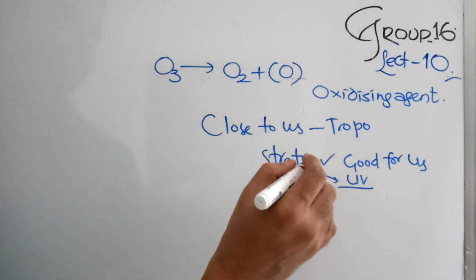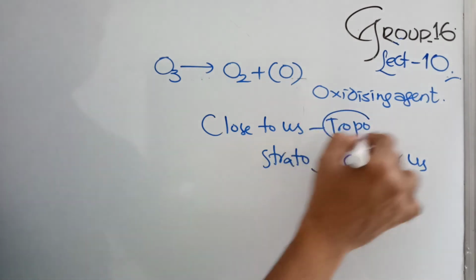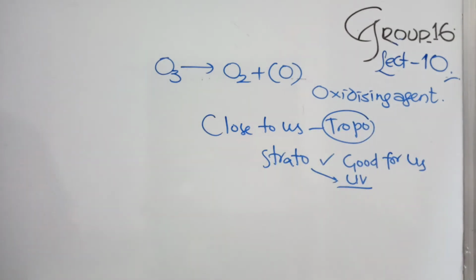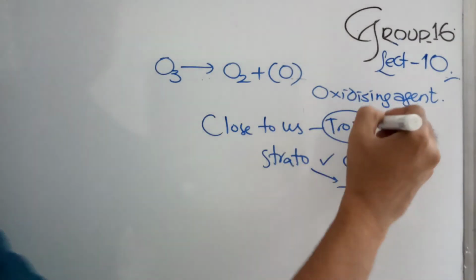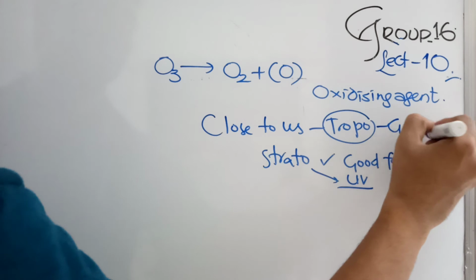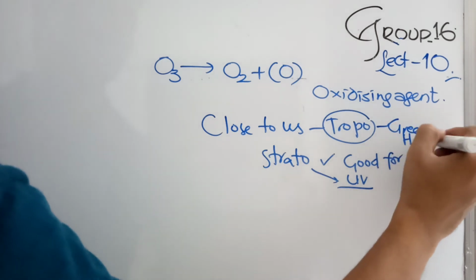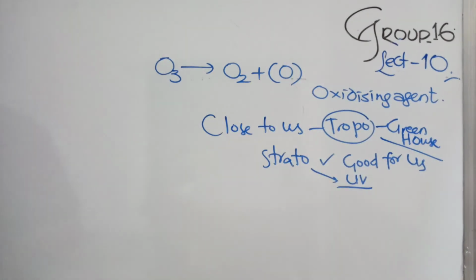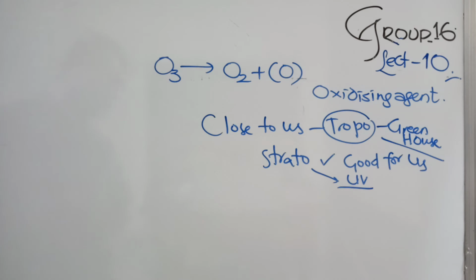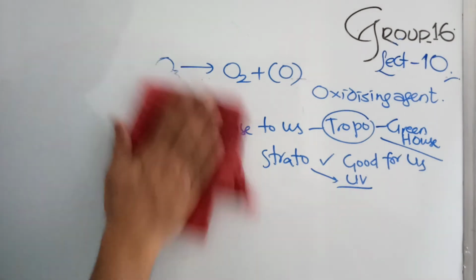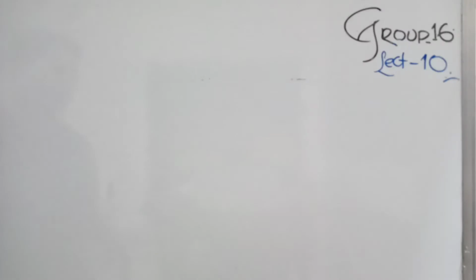In the troposphere, if it is present very close to us, it functions like a greenhouse gas. So close to us is not good, away from us is good. Because of climate conditions, the ozone layer is becoming thin and the UV radiations are coming down, and they are going to cause some cancer, and slowly the ozone is healing.